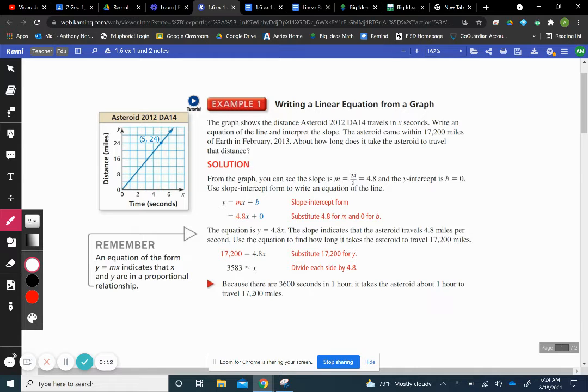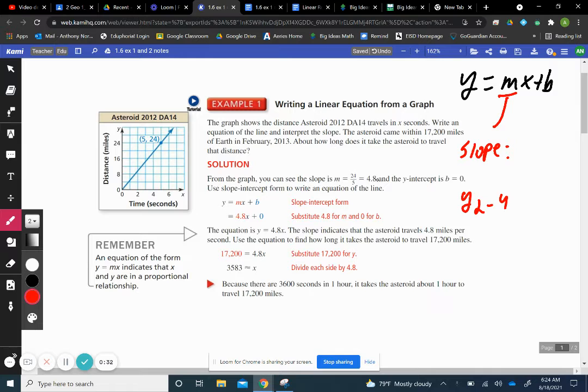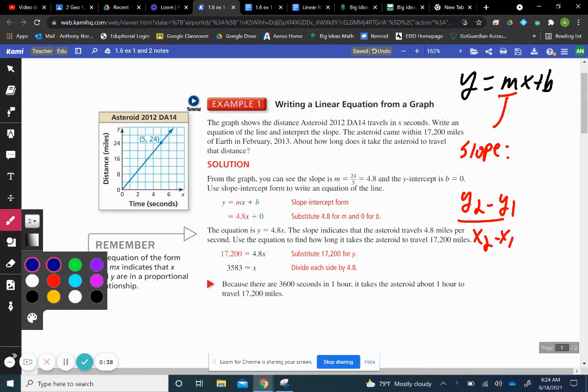So the things we need to know for this are y equals mx plus b. This is slope-intercept form, where m is the slope, and we find that using y2 minus y1 over x2 minus x1, and b is the y-intercept.